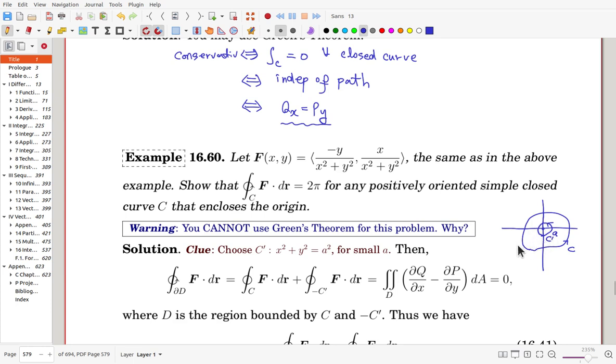Then we consider this region, outside of the circle and inside the original curve. That is D. For this one we can use the generalized Green's theorem.